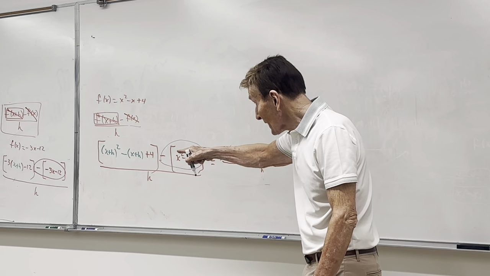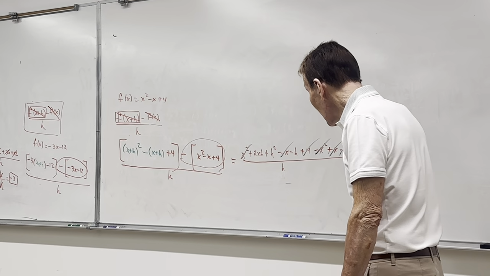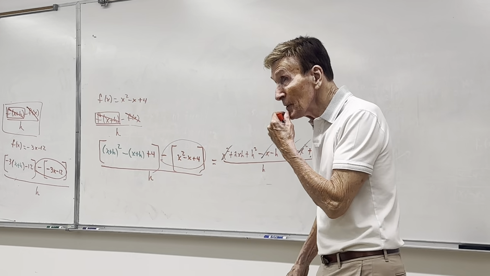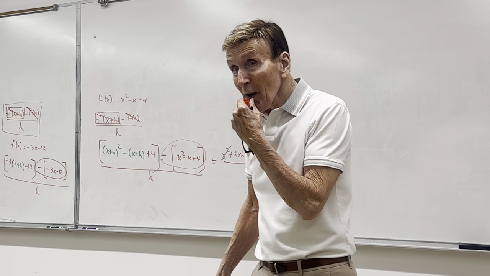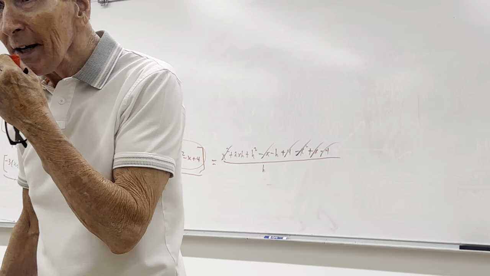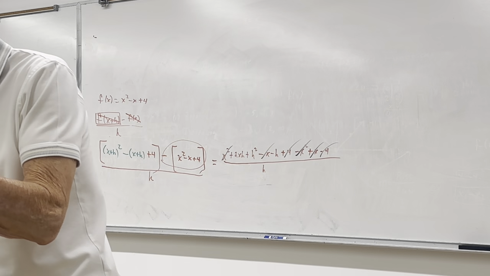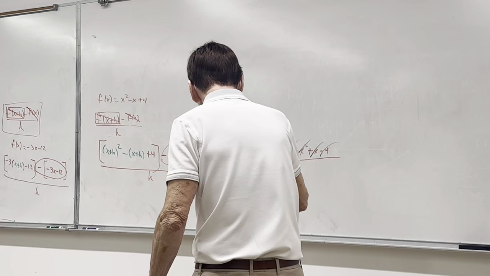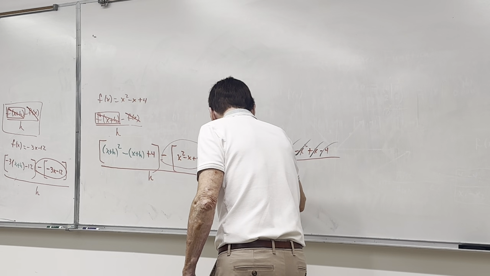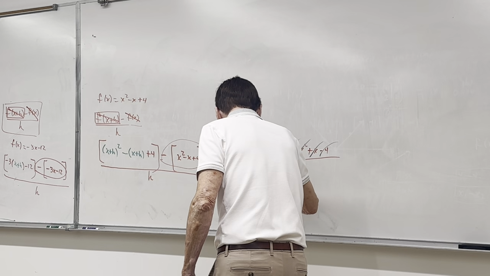Now, you know eventually that's got to go. H has got to cancel like it did over there on the last one. Guys, I've got 3 terms remaining. They are not alike. I cannot do additional canceling. What can I do with the remaining 3 terms? Factor out of what? H. They all contain an h. So if I take an h out right here, out of those 3 terms remaining, we'll have 2x plus h minus 1.